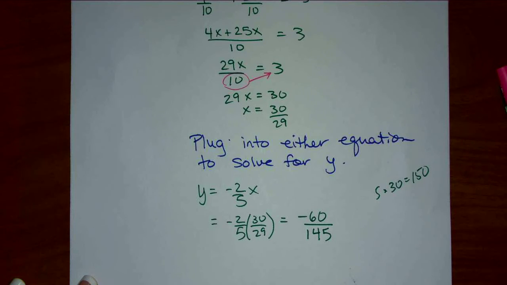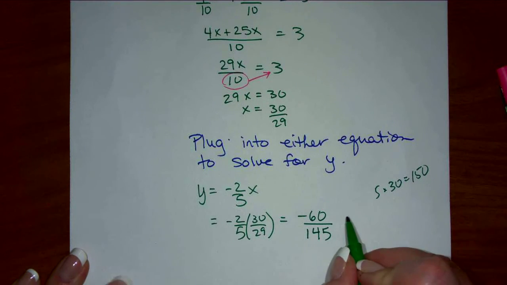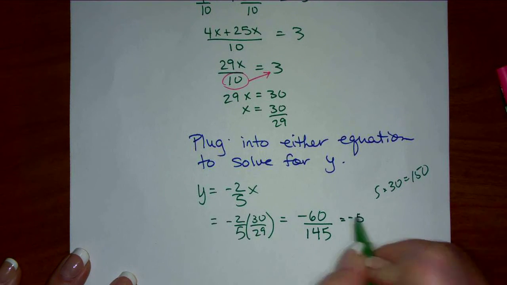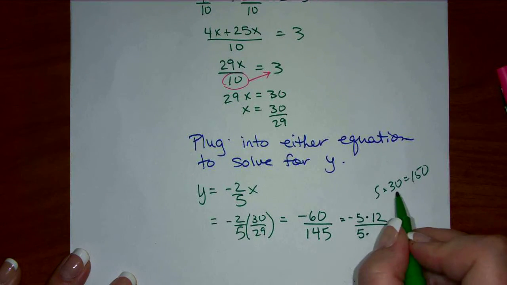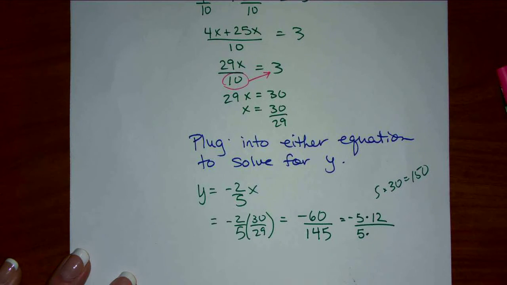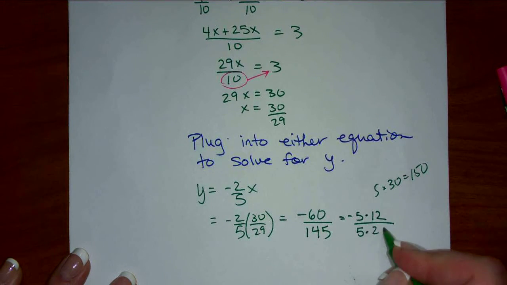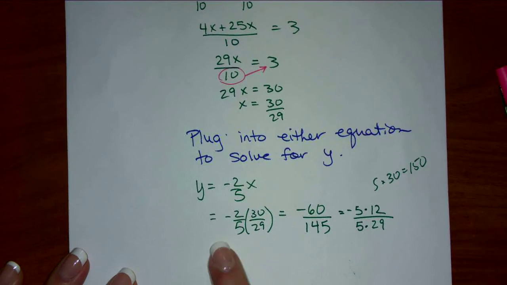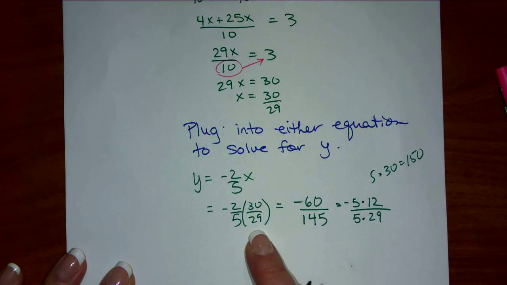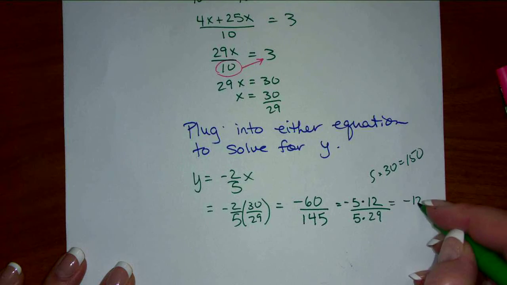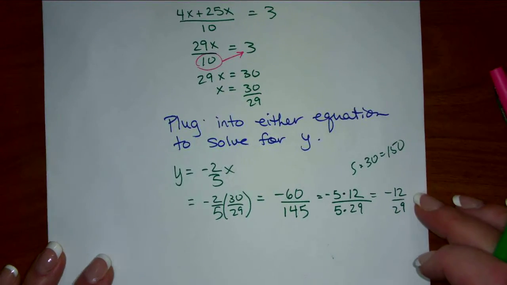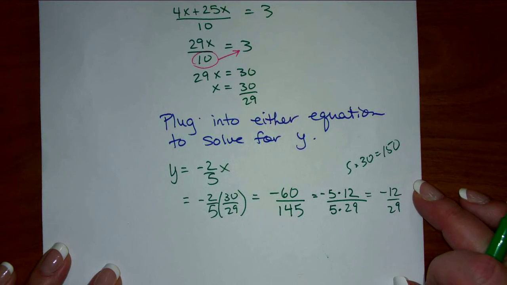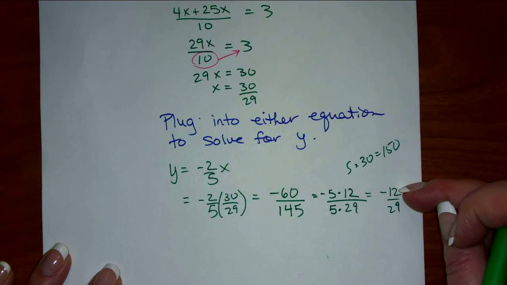This is 5 times 12, and this is 5 times... don't think too hard. I said, don't think too hard. We already had it was 5 times 29, right? Does that reduce? No, nothing goes into 29. You could think about it for a while if you wanted, but there's only so many options. Like 12 could be 2, 3, 4, 6, and if none of those go in.